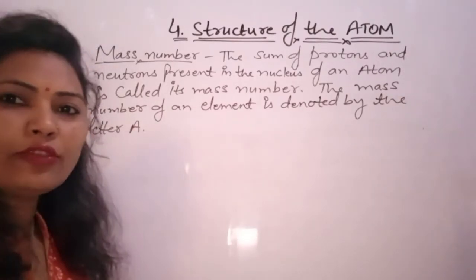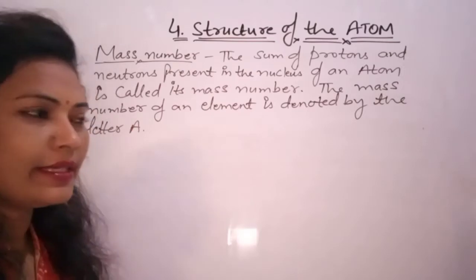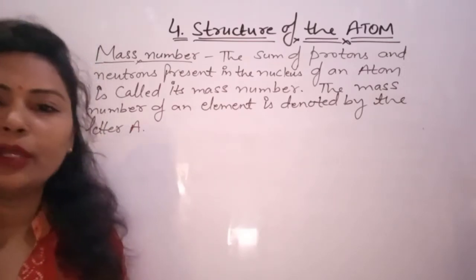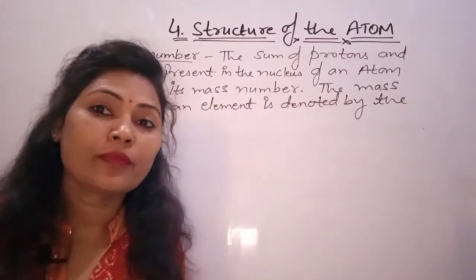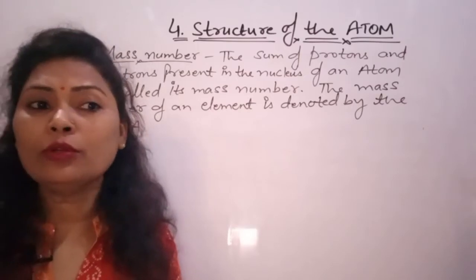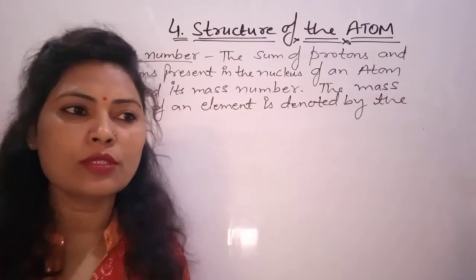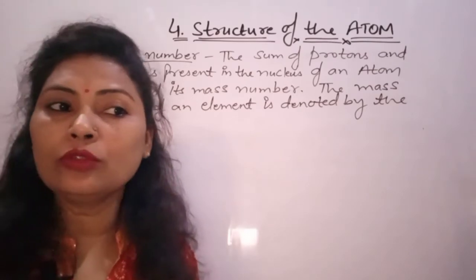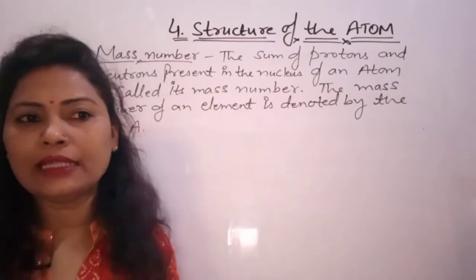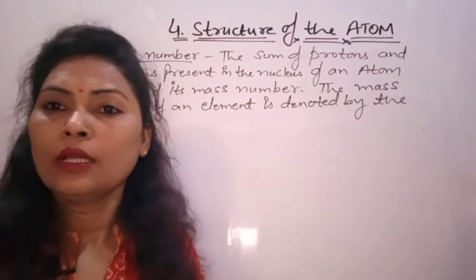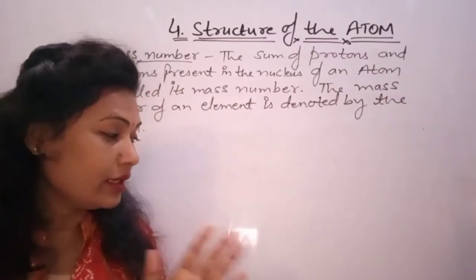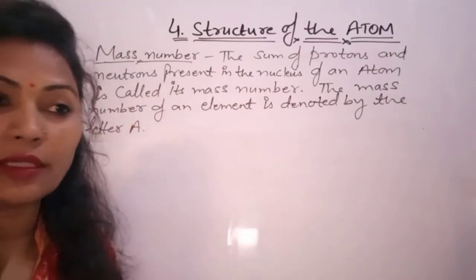Now I would like to explain the next topic, the relationship between the mass number and atomic number. If we know the mass number of an element, we can calculate the number of protons, electrons and neutrons, and also predict the composition of the atom from the relations that I told you. What are the relations?